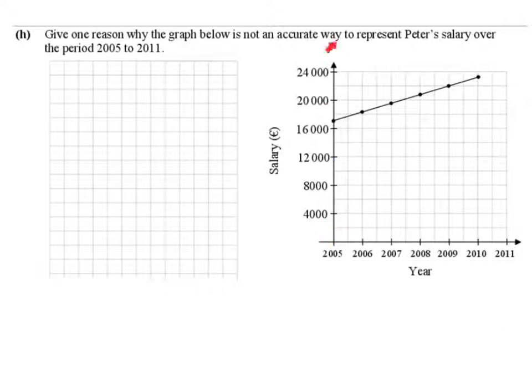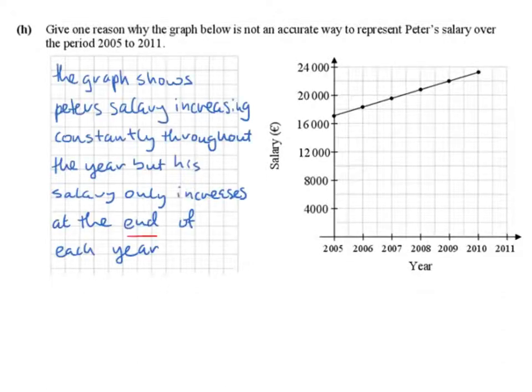And the y-axis shows the salary in euro. So starting at 0, going up by 4,000, 8,000, 12,000, 16,000, 20,000, 24,000. And we see that we have 6 points, 1, 2, 3, 4, 5, 6 points, and they form a straight line. So we need to say why this graph is not an accurate way to represent his salary.